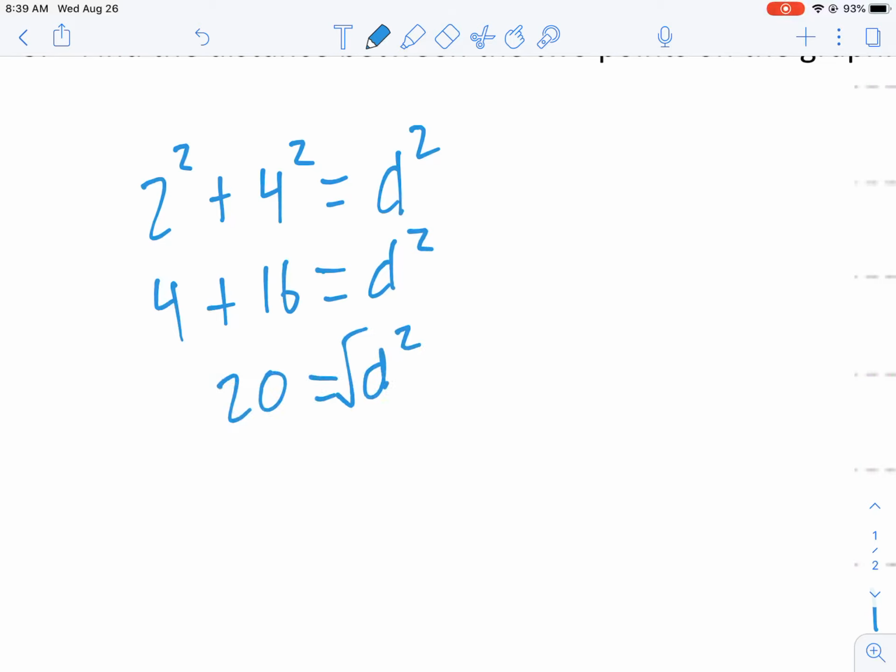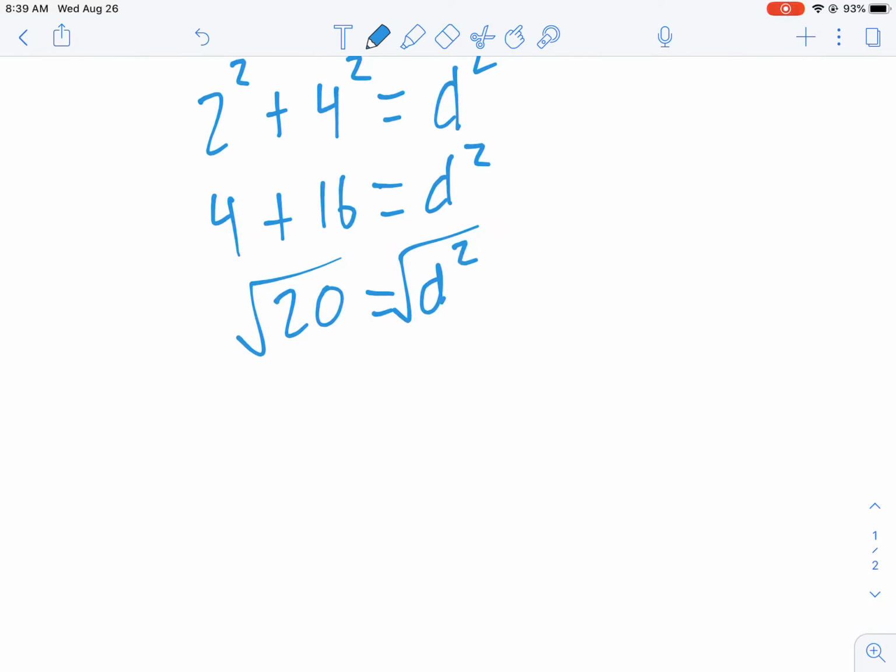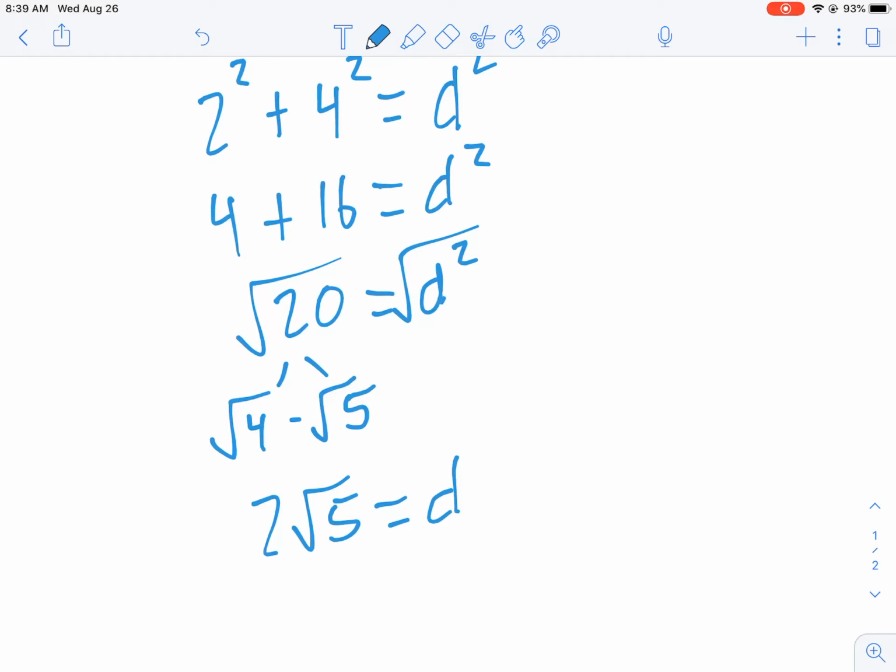Now, just like last problem, we're going to take the square root of both sides. And we actually can break up 20, right? We can break up 20 into the square root of 4 times the square root of 5. So the square root of 4 is 2. So we've got 2 radical 5 equals d, right? And that'd be our final answer.